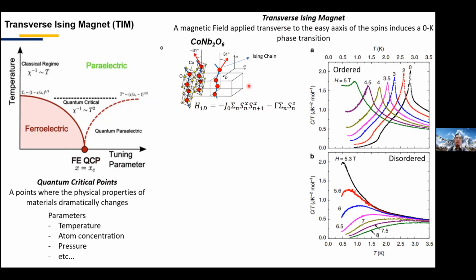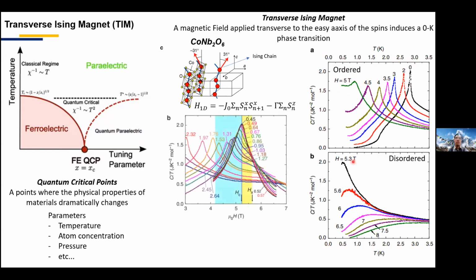So what does the transverse Ising magnet cause here? In these materials, the cobalt niobium oxides, as we increase the external magnetic field with the temperature, we can see that there is a saturated phase in the system. Then if we increase the magnetic field higher than 5 Tesla, we can see a change from the ordered material to the disordered material.